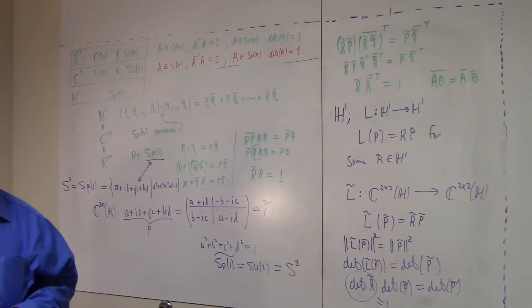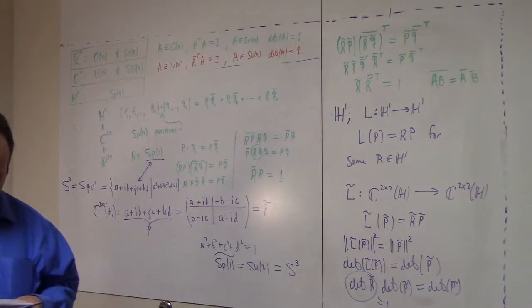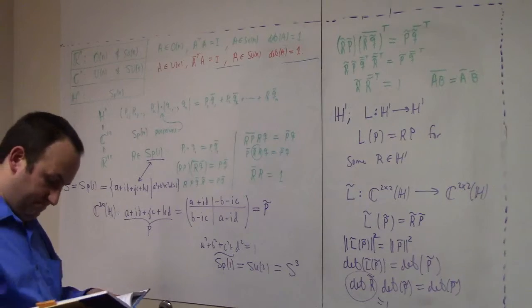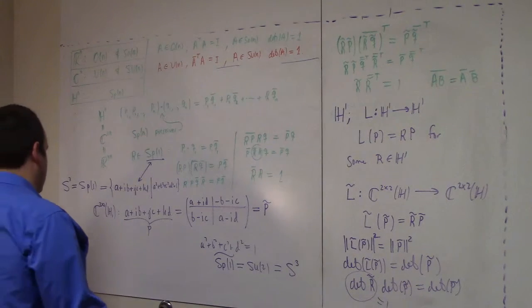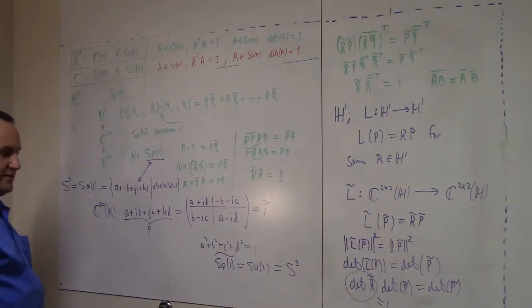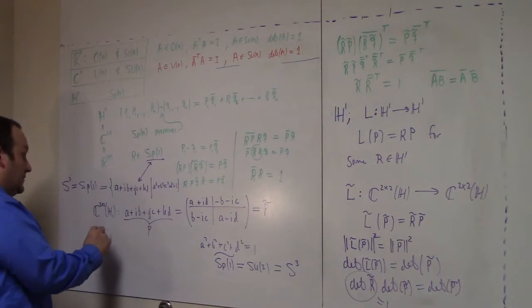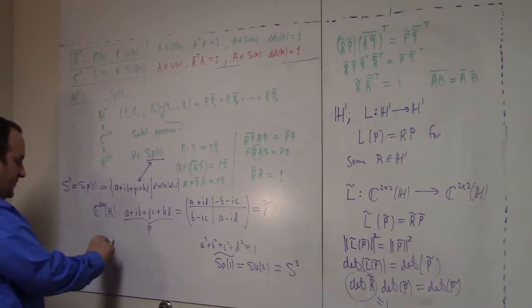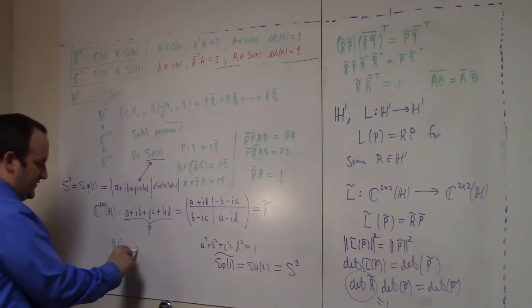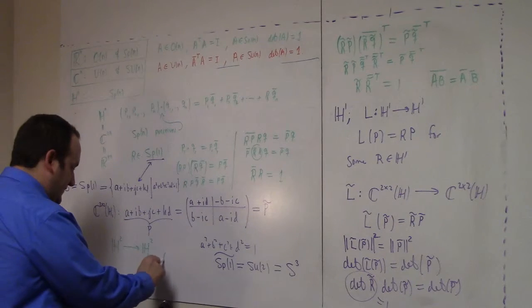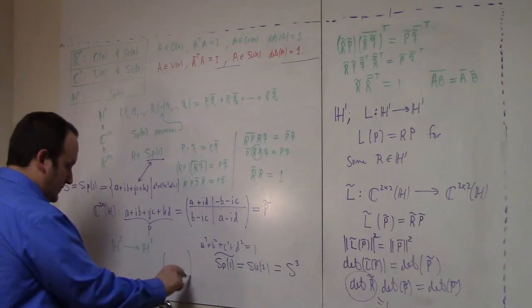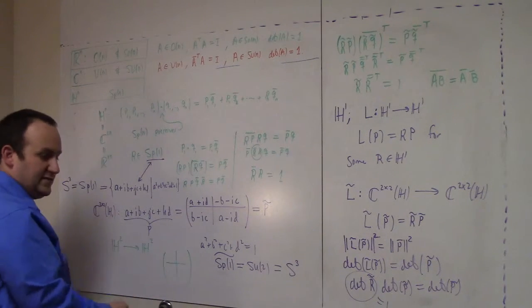Yeah, the 2x2 symplectic matrices are uglier. For something going from H2 to H2 that is an isometry, you would have a matrix with four quaternions.